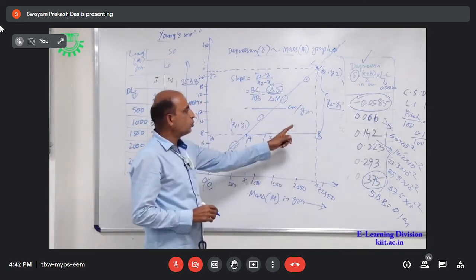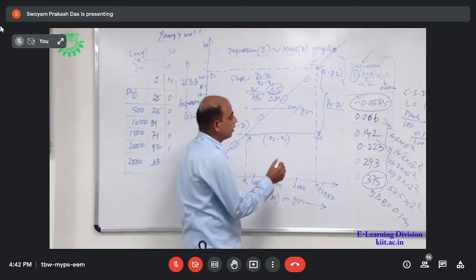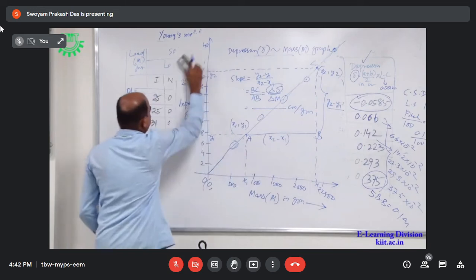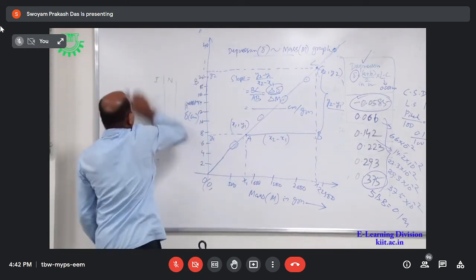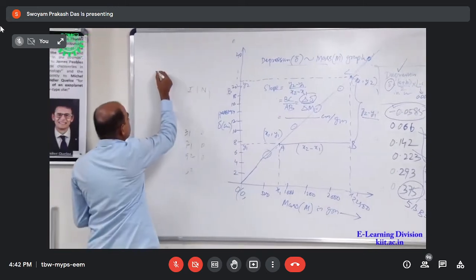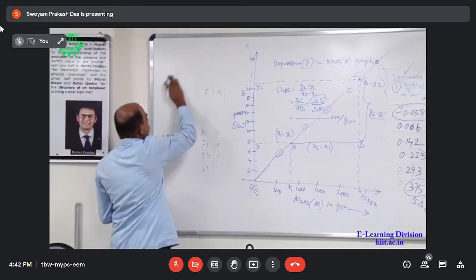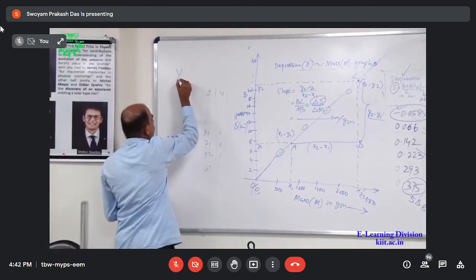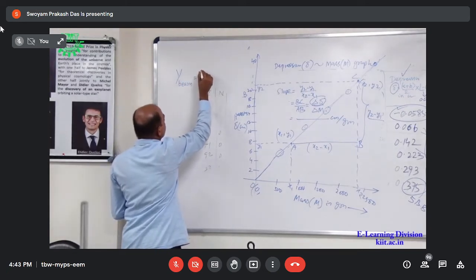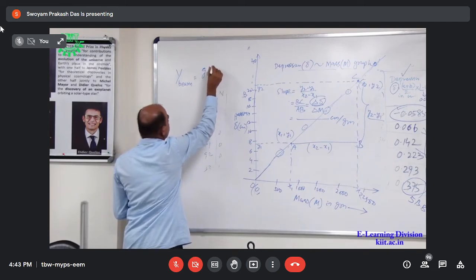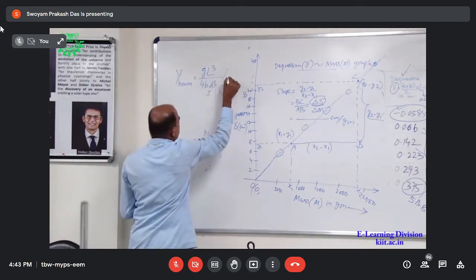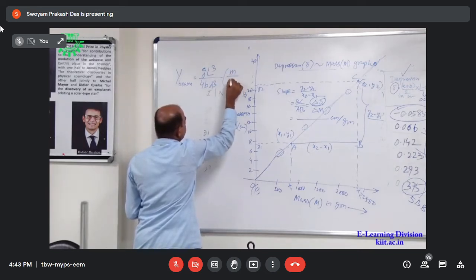Then after we will come to the working formula, where Y, that is the Young's modulus of the beam, is equal to g L cubed divided by 4 b d cubed multiplied by m by delta.